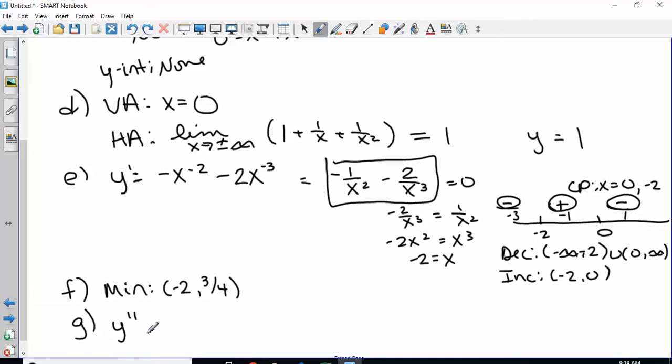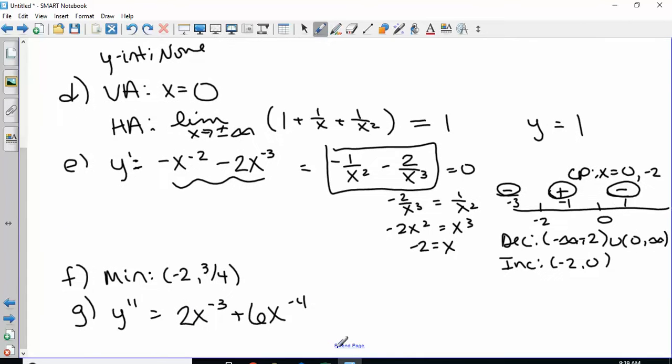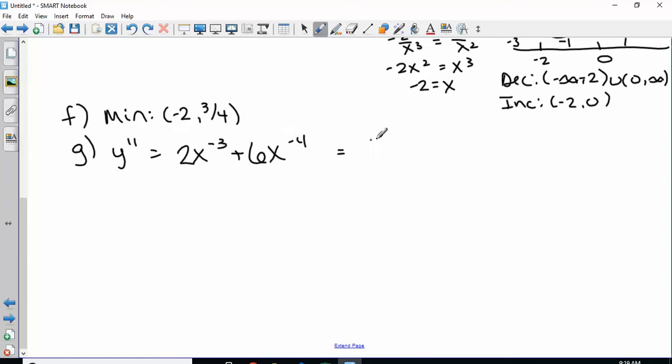Then I asked you for concavity and inflection points, so we need second derivative. So if I just do this derivative from here, we get 2x to the negative 3 plus 6x to the negative 4. You could write that as 2 over x cubed plus 6 over x to the 4th.